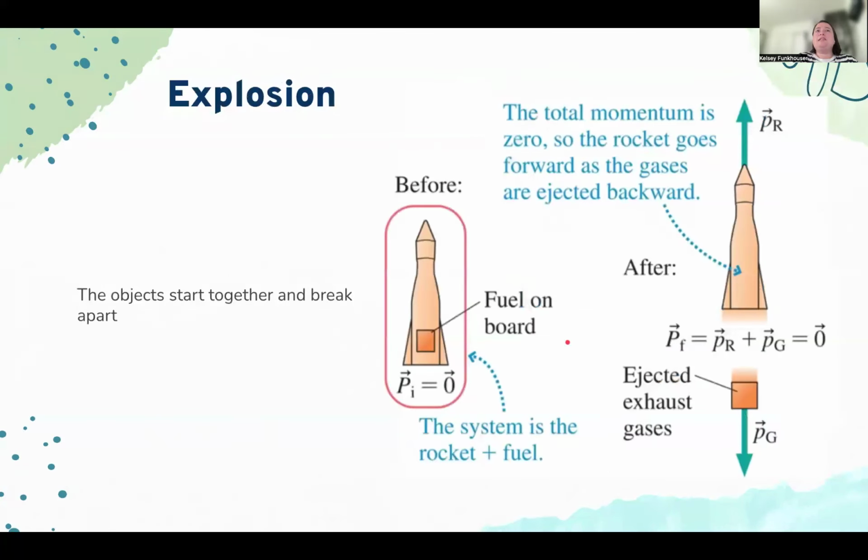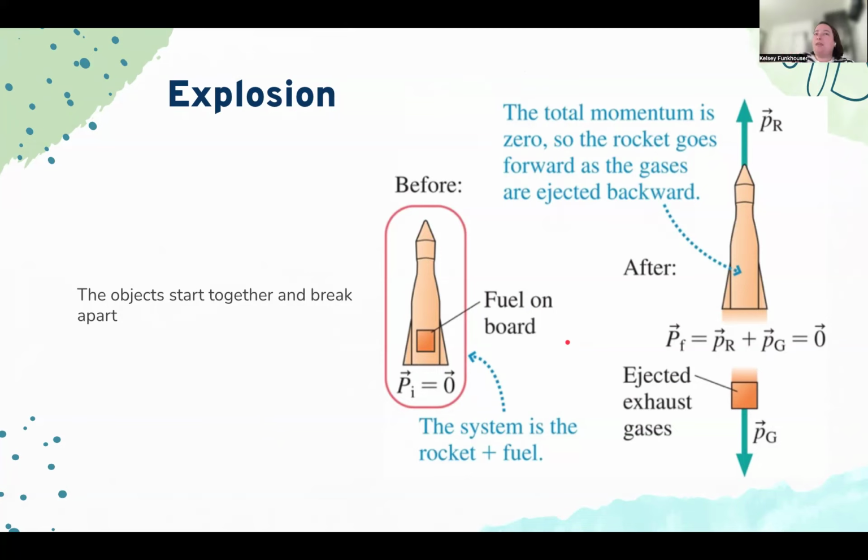And then finally, there's explosions, which are not necessarily always explosive, but it is when the objects start together and then break apart in some form. From the in-class activity on Tuesday, the example of the two figure skaters pushing off of each other was an explosion.